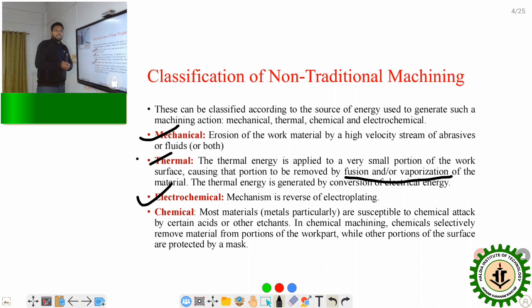It is basically the reverse electroplating operation, and we will discuss it later in detail. And there may be a chemical energy source. This is actually a chemical attack or chemical etching process, where a particular area of the workpiece surface will be removed or polished, and other areas of the surface will be masked using some protection. Okay, these are the four different types of source of non-traditional machining.